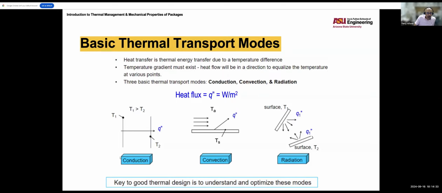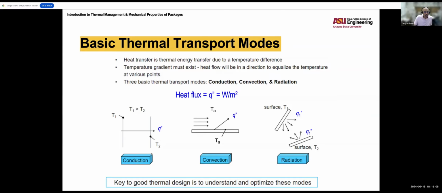In the first case, conduction. I have a temperature gradient, high temperature, low temperature, so I'll get a flux of heat down the gradient. Conduction, we're talking about heat transfer through a solid, of a certain thickness, going through the solid.